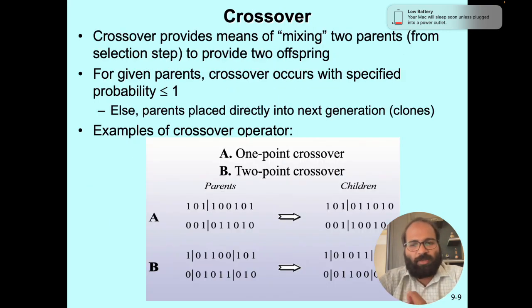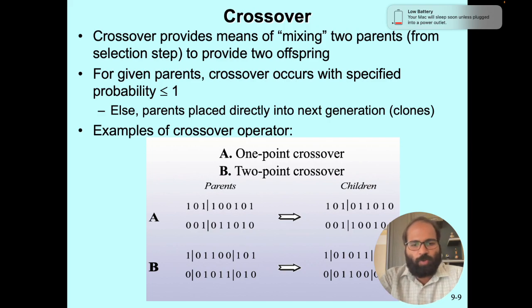The next operation is the crossover operation. Crossover is nothing but mixing or mating of two parents developed from the previous stage. One important thing to note is that for given parents, the crossover occurs with a specified probability that is less than 1.